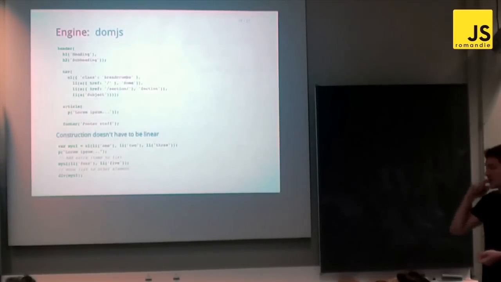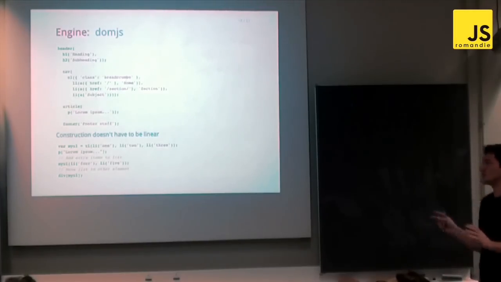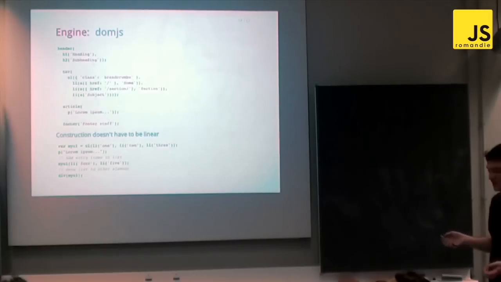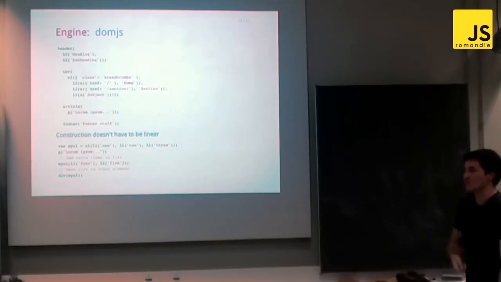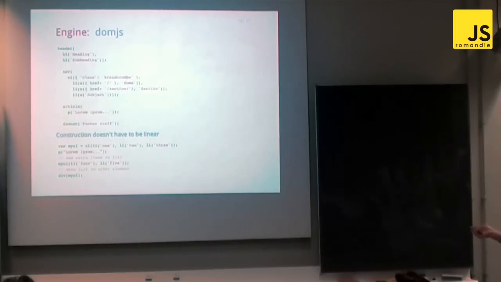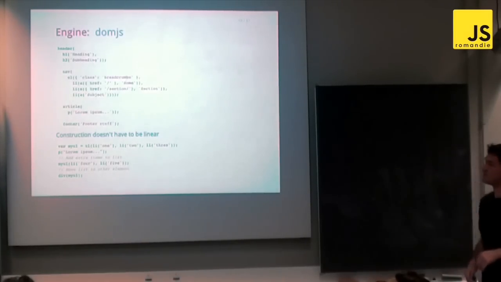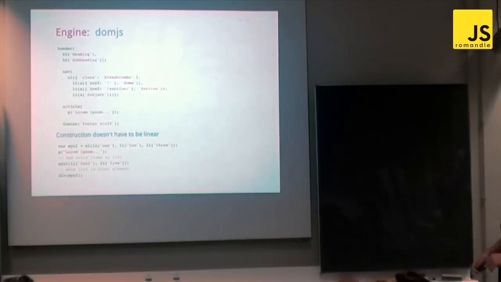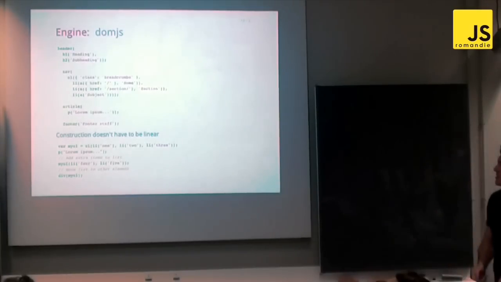So I think it allows better separation of concerns. For example, when we are building a select, we can build a whole select with all options and later decide which one should be selected. We don't need to do everything inline. This engine is also on GitHub, so if you find this approach interesting, try it.